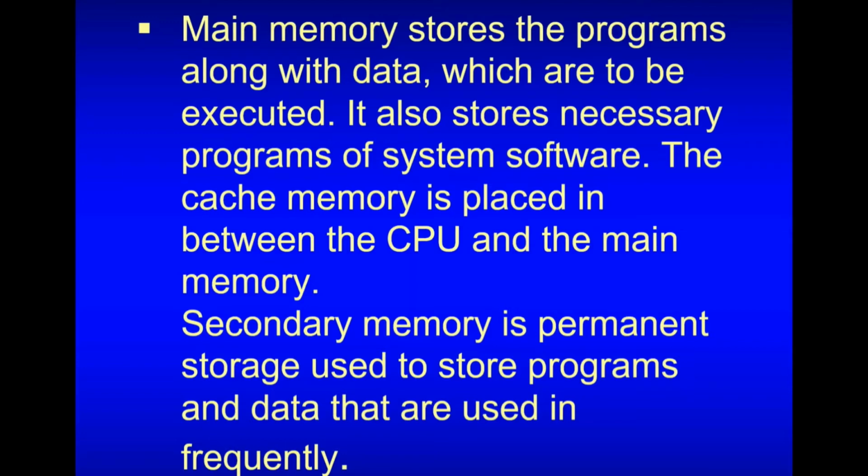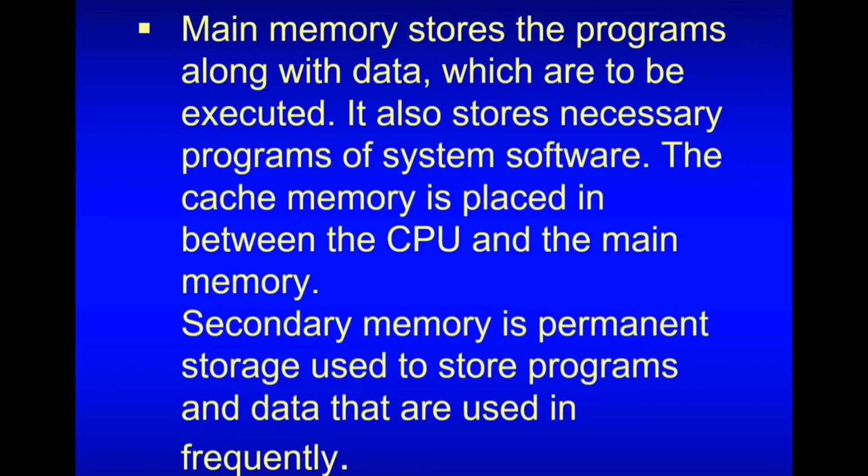And as I told you in the earlier slide, in between the main memory, that is the primary memory, and the secondary memory, which is also called auxiliary memory, there is a memory called cache memory. C-A-C-H-E, we pronounce it as cache memory, which is the fastest of all the memory.